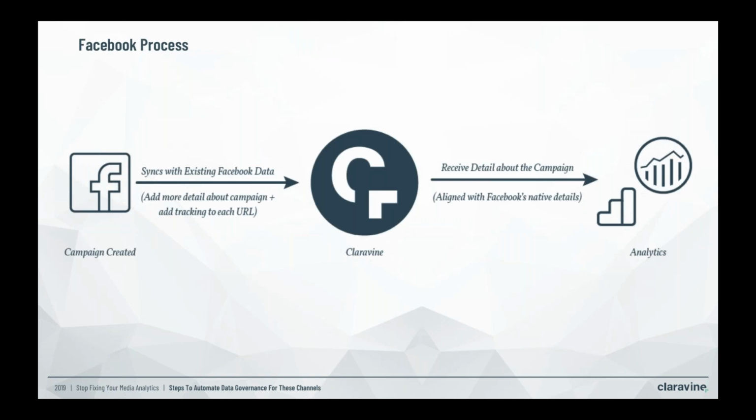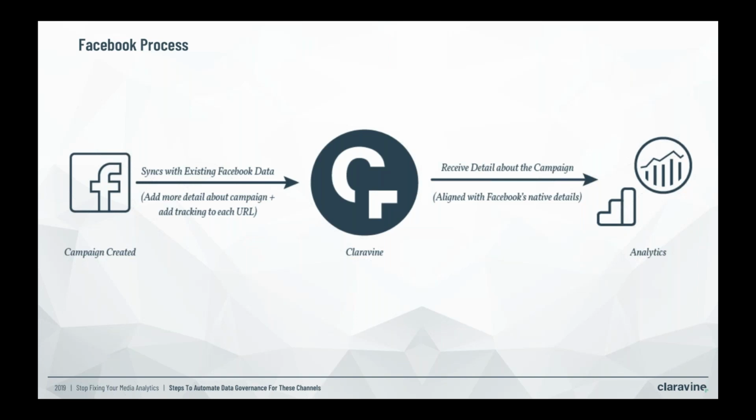Let's say that we're running a Facebook campaign. We can start by creating the campaign in Facebook as we normally would, with the budget approval process and all of the steps before that, of course, proceeding according to your company's specifications. With the Claravine platform in the center, we're able to absorb the data that's already been entered in Facebook and ensure that it matches the types of structures, nomenclature and validation that you're expecting, and be able to apply a successfully created and well-formatted tracking code to the URL.